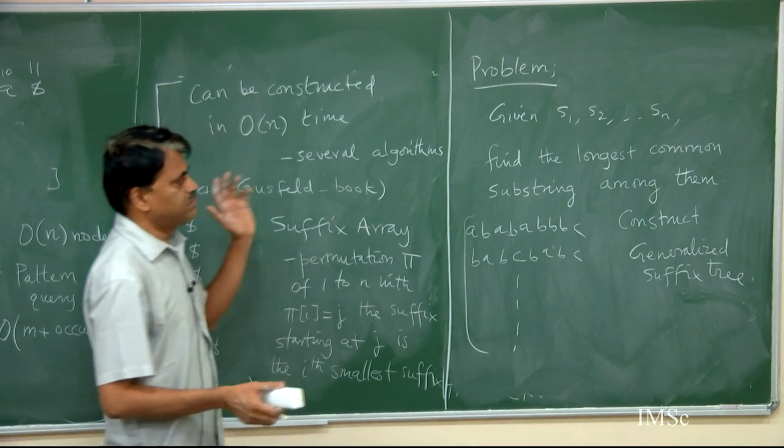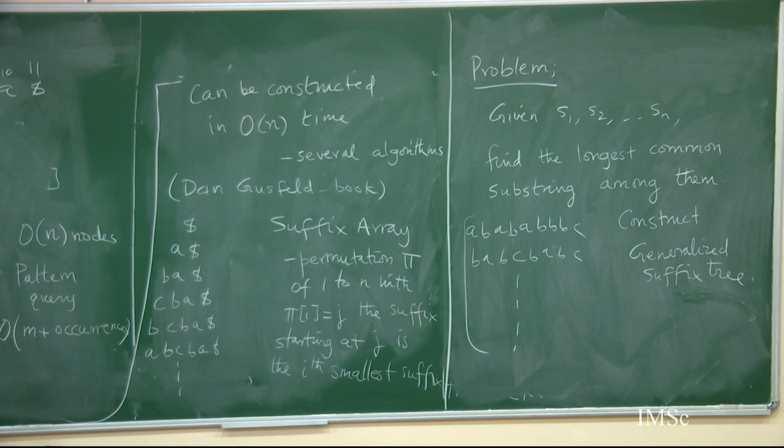I mean, this is possible in time proportional to the sum of the strings' lengths, because for all suffixes of S1 I can construct a suffix tree for S1 in order length of S1 time, and similarly for S2 and so on, build all of it. So, you will have this huge suffix tree. Now, at the leaves, what do I have?